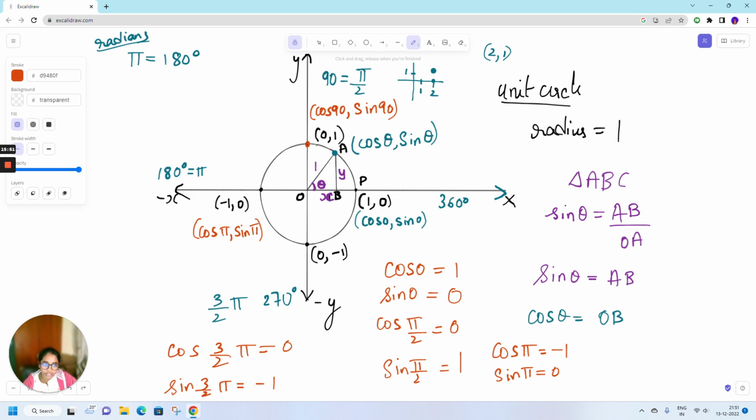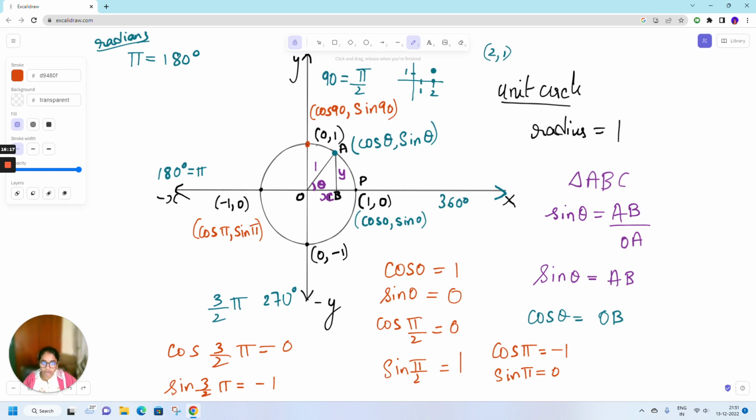Sin theta would be AB, and cos theta is OB, which are the coordinate points of A. So at any point on this unit circle, if you take a right angle triangle, you would get coordinate points cos theta, sin theta.